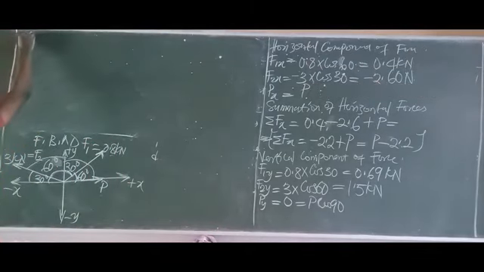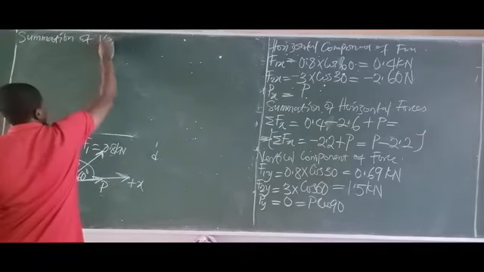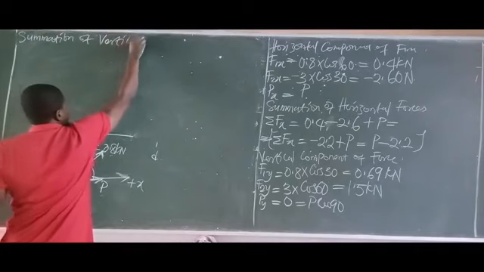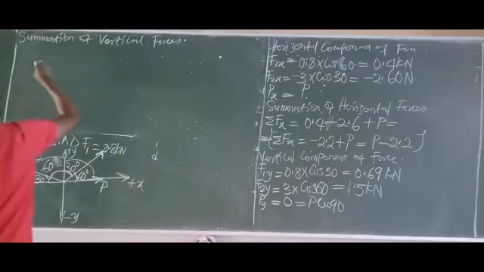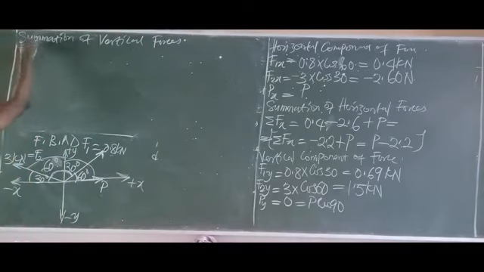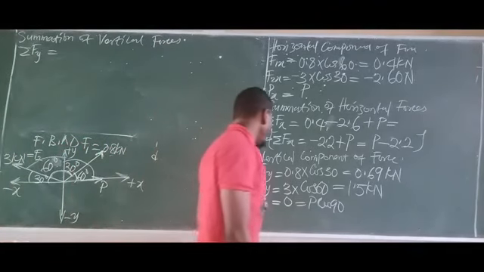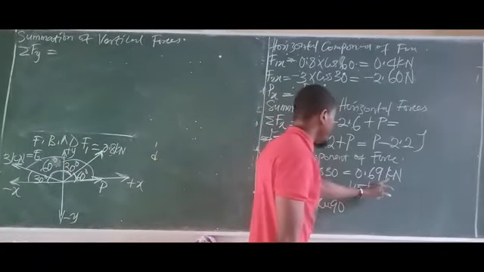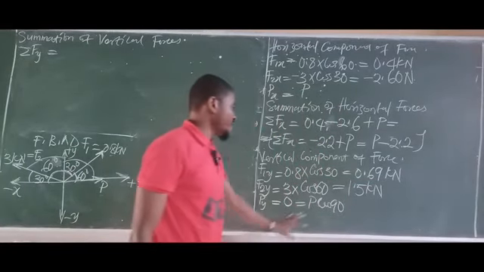Summation of f of y, summation of vertical force. Okay, we simply call that summation f of y. So we add all the vertical components together. If you do that, f1 of y gave us 0.69, f2 of y gave us 1.5, and this gave us 0.